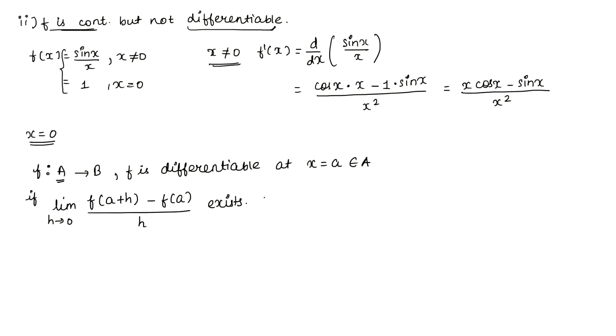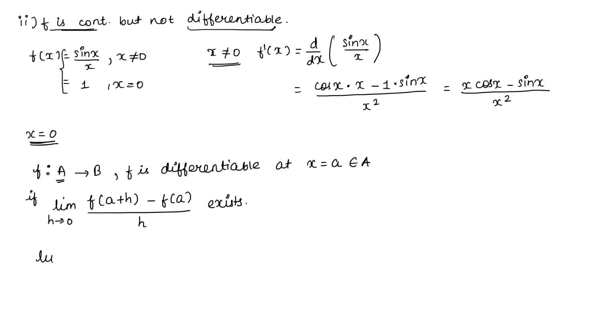If the limit exists, we say that the function is differentiable at x is equal to a. Otherwise, the function is not differentiable at x is equal to a. So here we have to analyze whether the function is differentiable at x is equal to 0 or not.